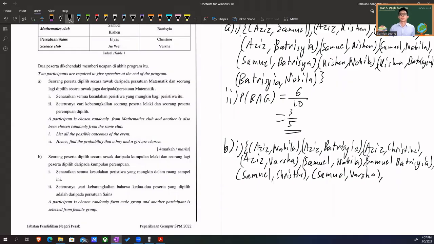Then start from Kishan, Nabila. It's a bit long. You slowly cycle through them all.